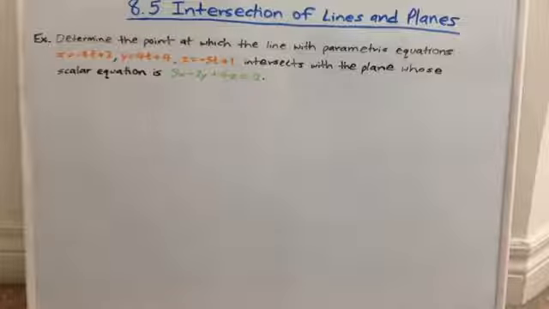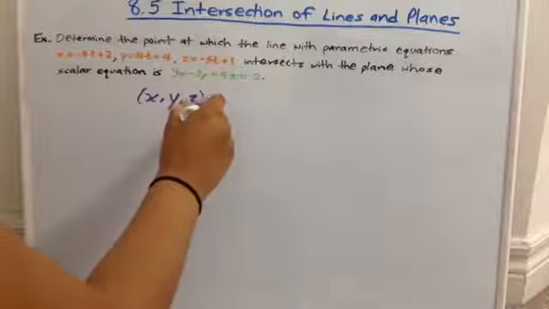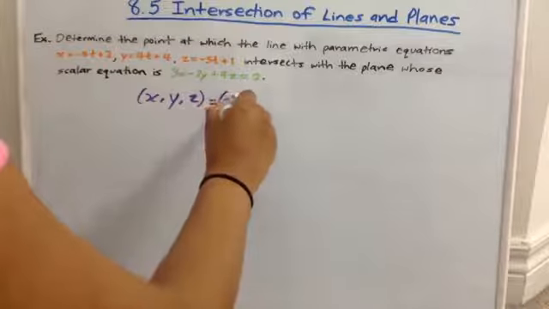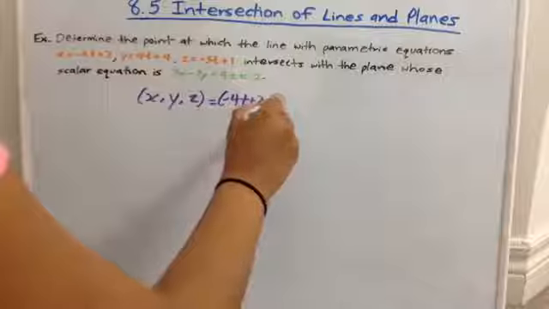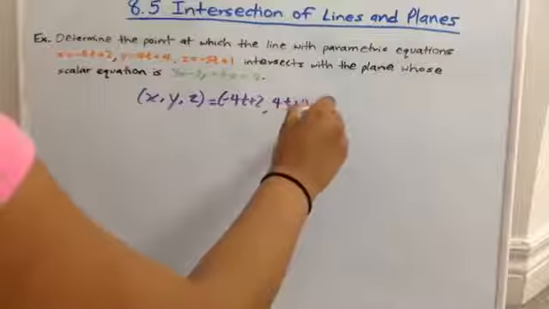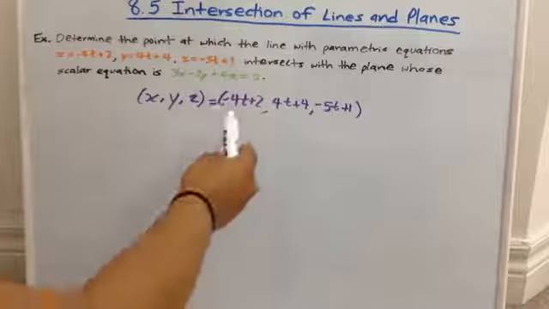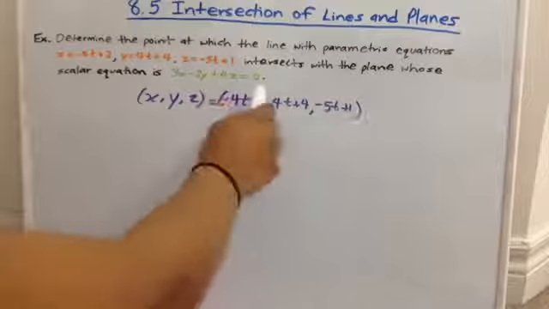So this example requires a similar approach as the one before. So first, we're going to write out x, y, z equals negative 4t plus 2, 4t plus 4, and negative 5t plus 1. Now we're going to substitute the x, y, and z values into the equation.